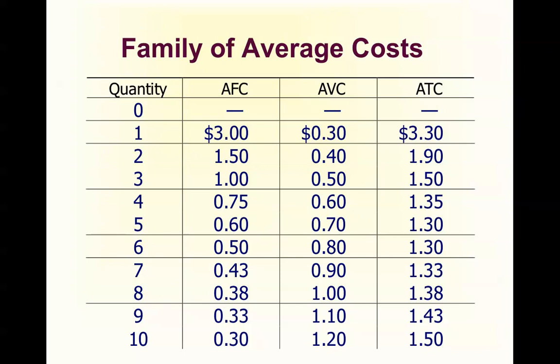Note here that the average total cost in the beginning goes down due to average fixed costs, and then from 6 units to 7 units it begins to go up because now average variable cost takes over. So the average total cost has kind of a U shape to it, and we'll see that shape in just a couple of slides.